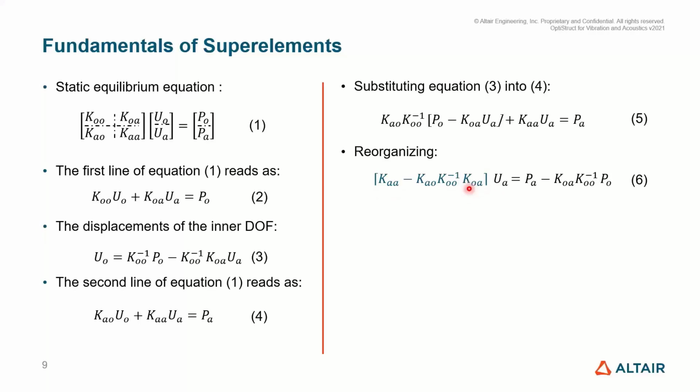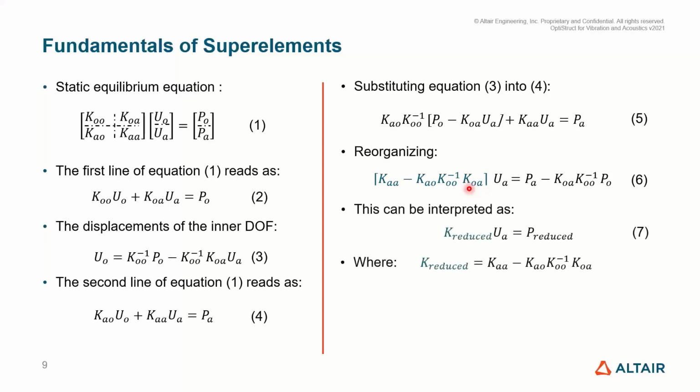So this one is very important because it can be interpreted as K reduced times UA, where UA is the outer degrees of freedom displacement, equals P reduced. Now we know we can use this transformation to reduce our stiffness matrix.